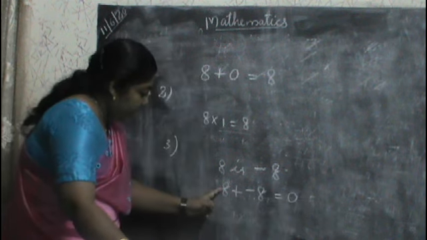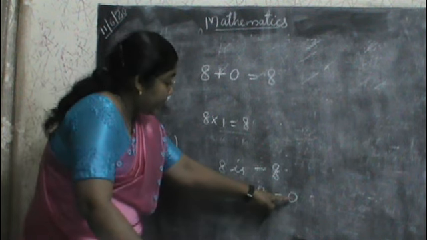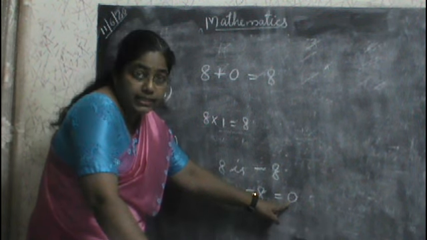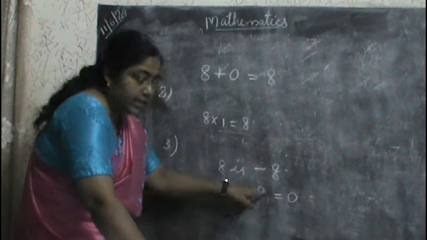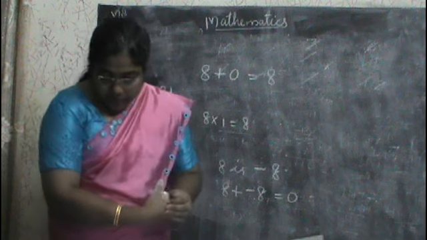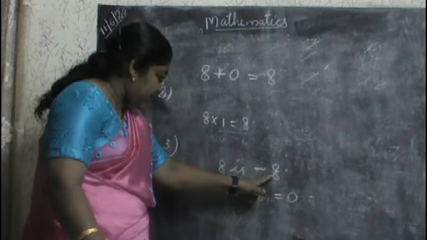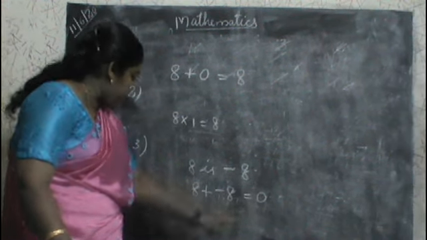When we are adding 8 and minus 8, we will get the additive identity. So additive inverse of 8 is minus 8. Then the third note is: additive inverse of 8 is minus 8. And down you write 8 plus minus 8 is equal to 0.